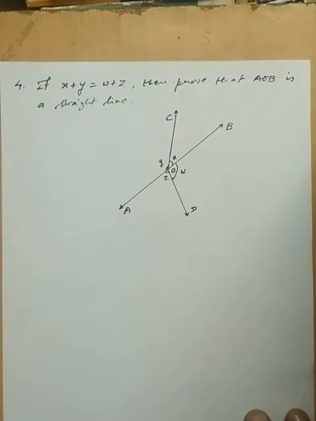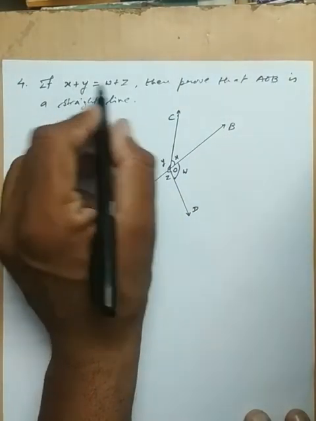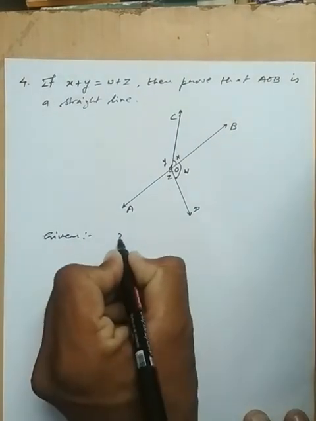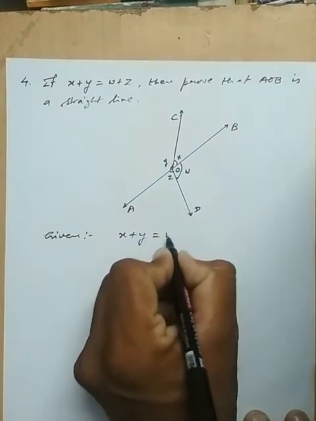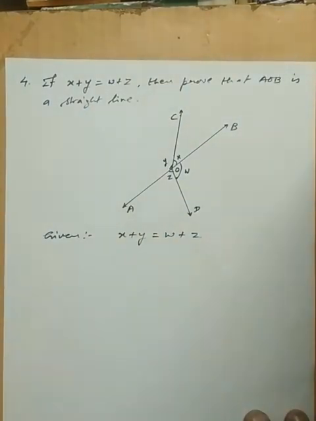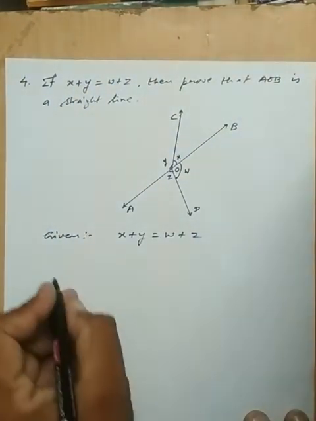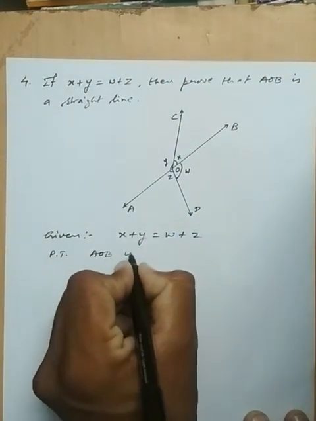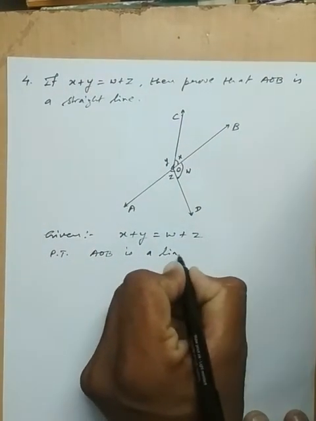So the given part is x plus y equal to w plus z, and prove that AOB is a line.